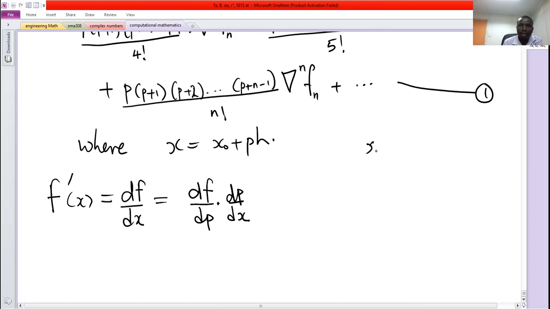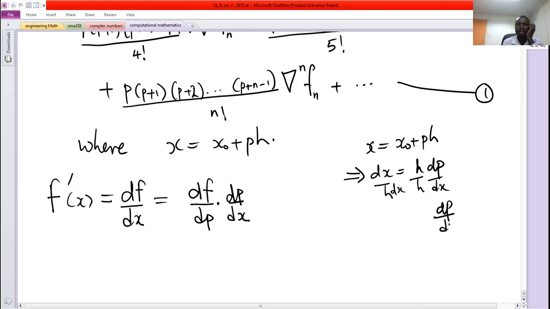And from x equals x naught plus ph, then dx equals h dp, since x naught is a constant. So when you divide through by dx, dp dx is given by 1 over h. So this can be written as df dp times 1 over h, which is the same as 1 over h df dp.